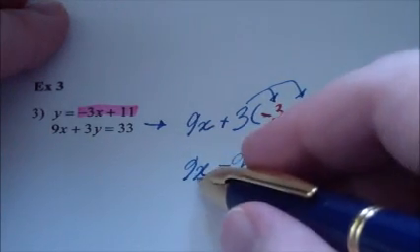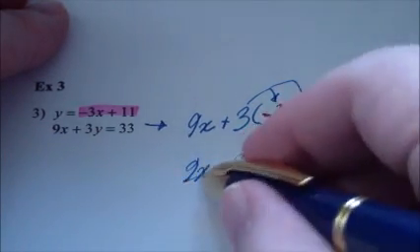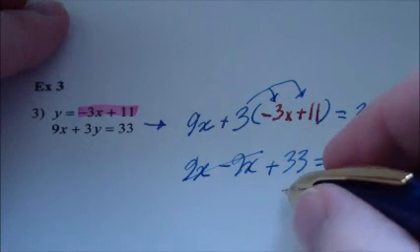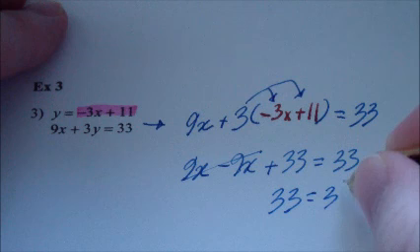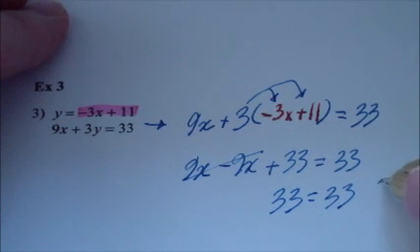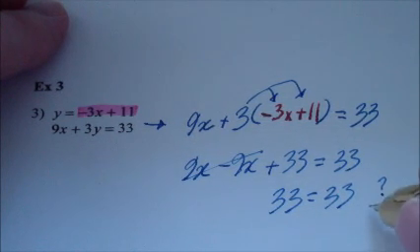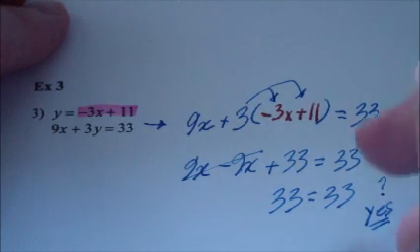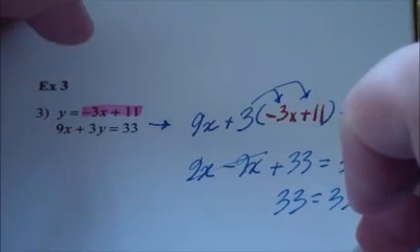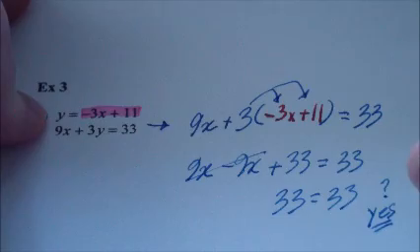Notice that we have positive 9x, negative 9x. Those cancel, leaving us just with 33. Let's see, does that sound right? Yeah, 33 is equal to 33. But that's all we can do. There's no more work. We can't plug values in. Like I don't now have an x value which I could plug into the top equation.